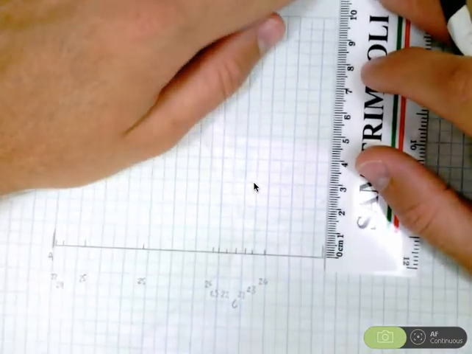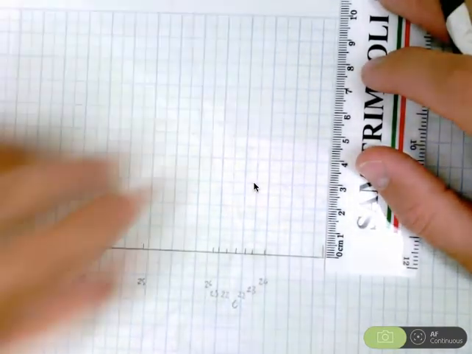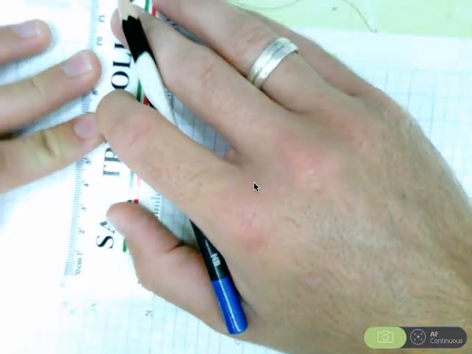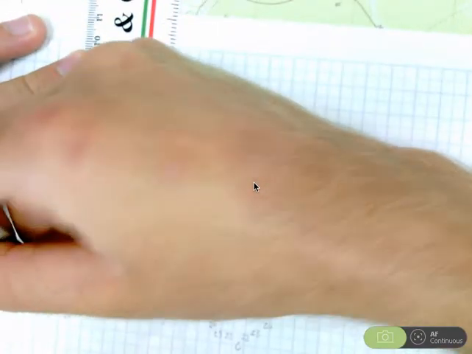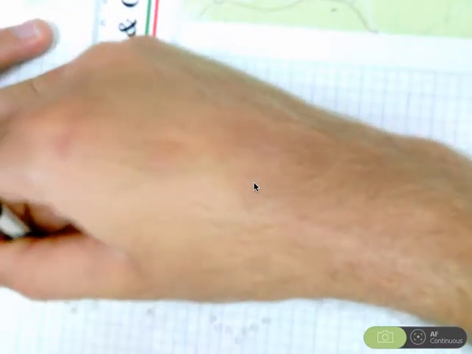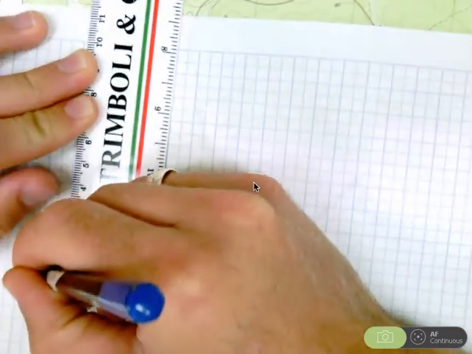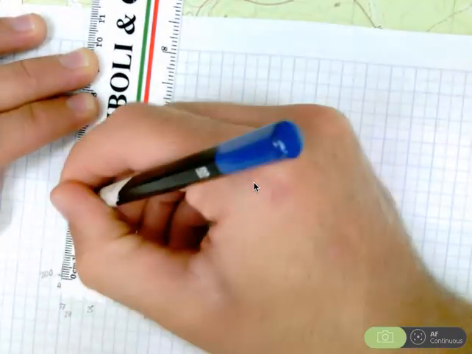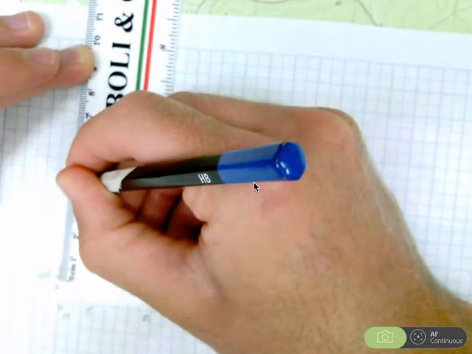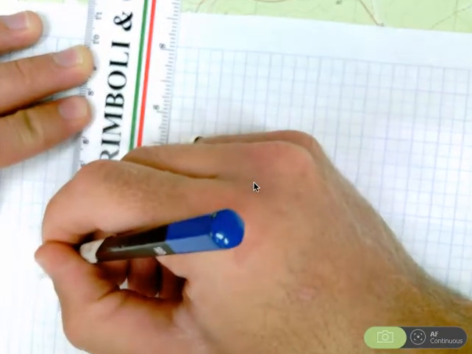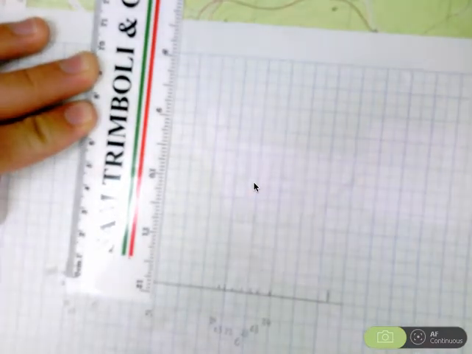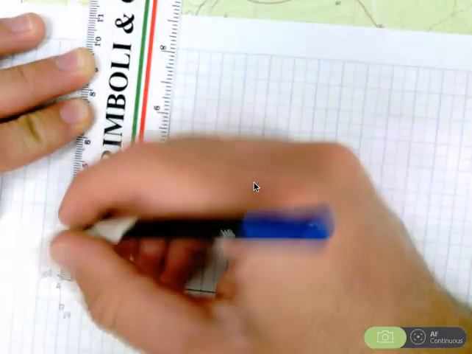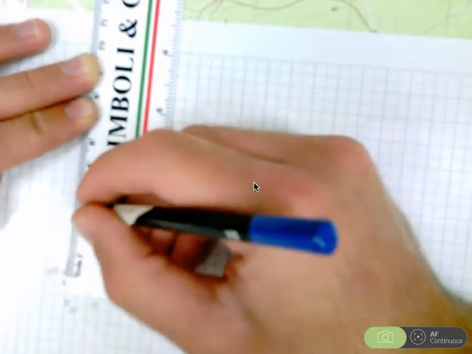Alright, so say we can use 2 centimeters for every 10 meters. We'll start at 200 down here. Go 220, 240. And 210, 220, 230, 240, 250.